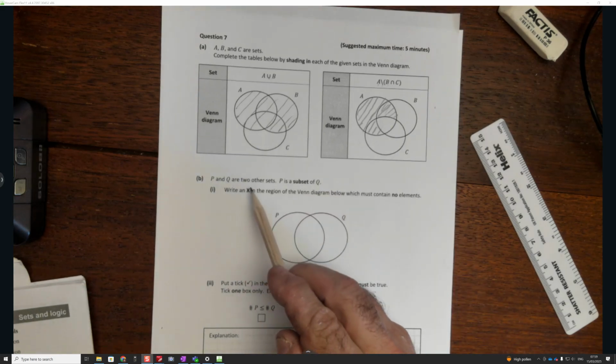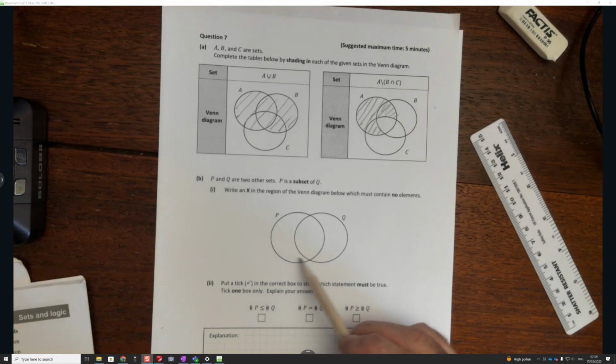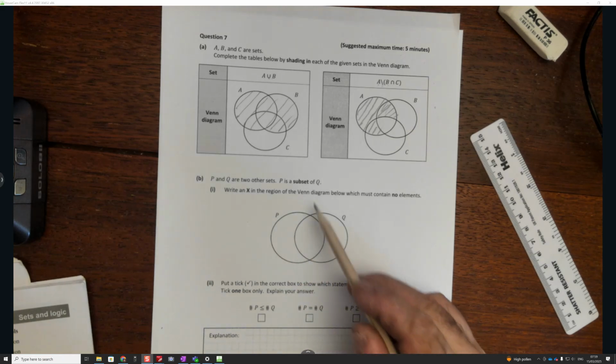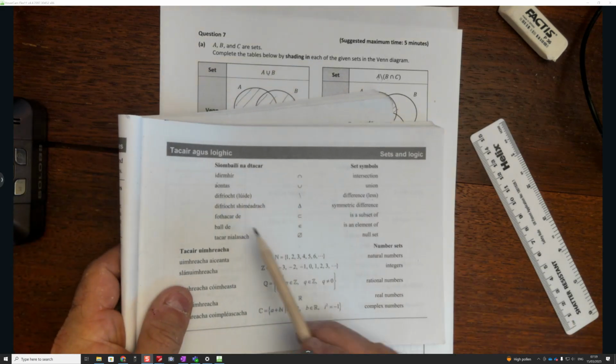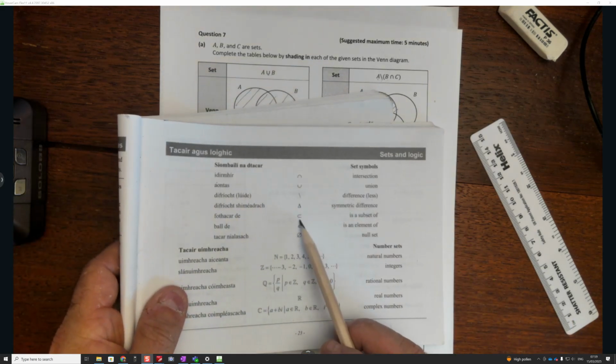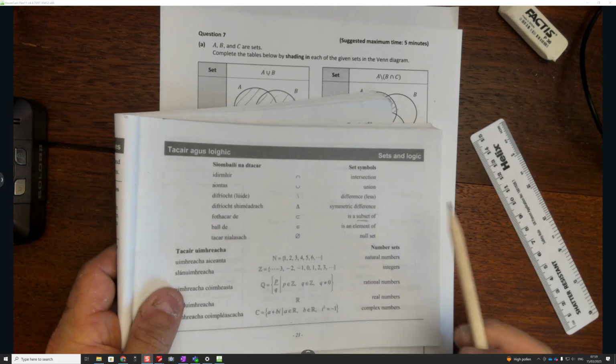moving on. P and Q are two other sets. P is a subset of Q. Now if P is entirely inside Q, subset, yes, they tell you the symbol for subset, but they don't tell you what it is, except it's kind of in the word itself.